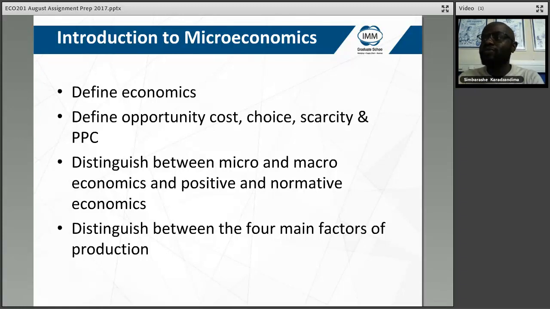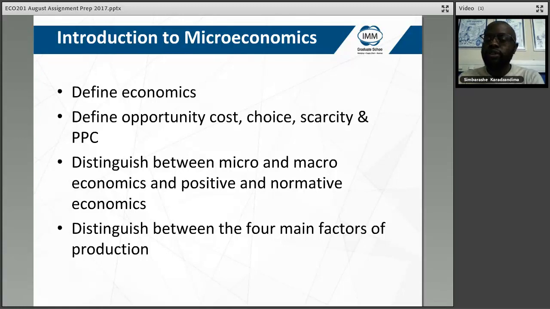At household level, you might want to go for a holiday, but at the same time your kids might want to go to school, you might want to buy a new car and so forth. So you now need to prioritize. You now need to make a choice. What are you going to choose? But that choice comes at a cost, which is opportunity cost. That is what economics is all about.